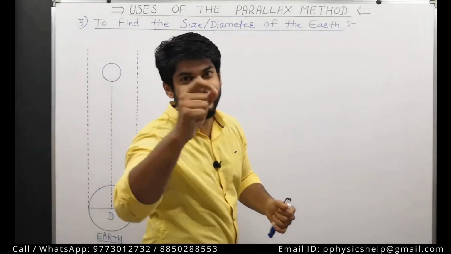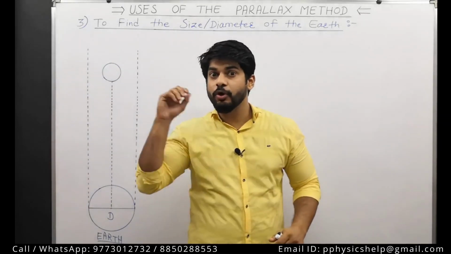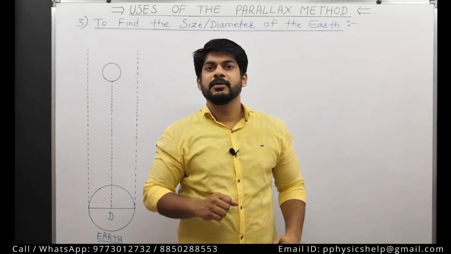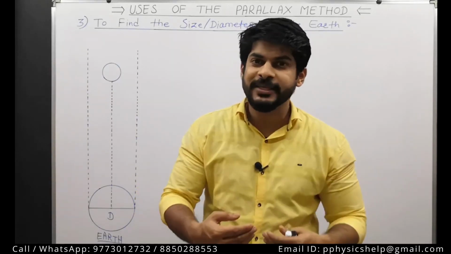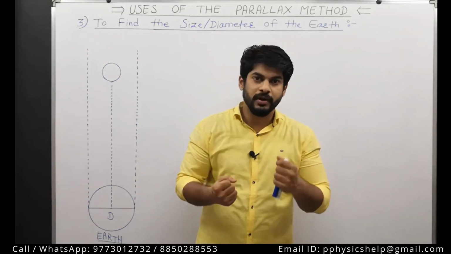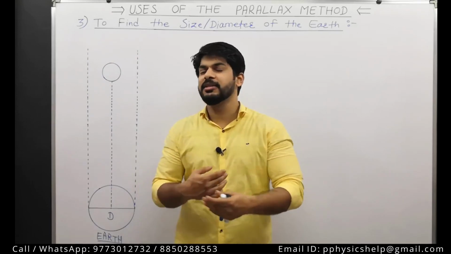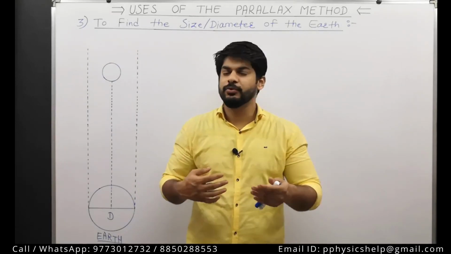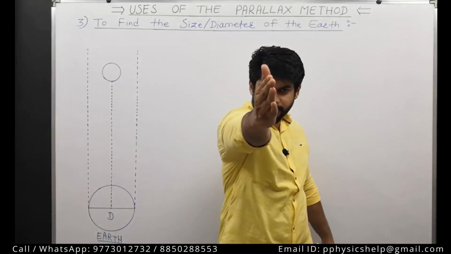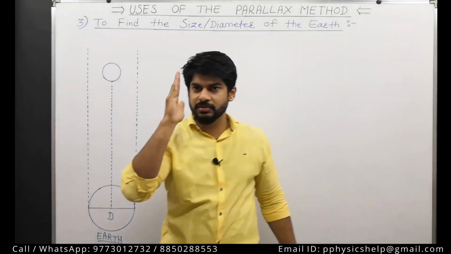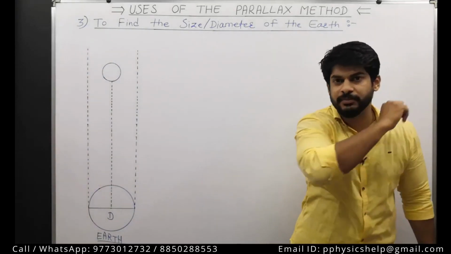Just like the sun: when you observe the sun in the evening, you find that its position does not change even if you walk for some miles, or you are driving. Whatever distance you move, left or right, back and forth, you find that the sun is in the same direction. If it is in this direction, even if I move here, it will still be in the same direction.